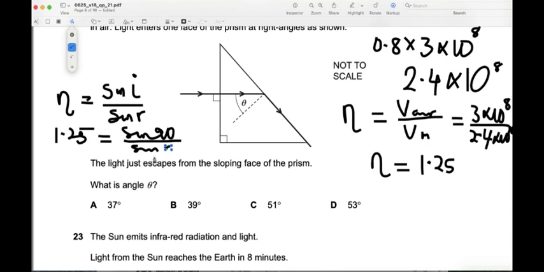If you cross multiply, sine R equals sine 90 divided by 1.25.